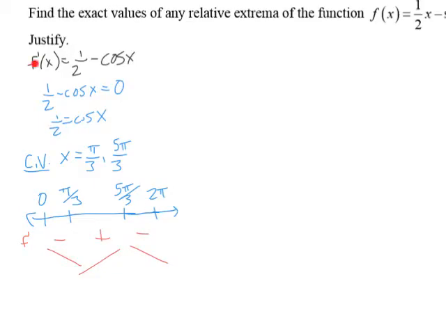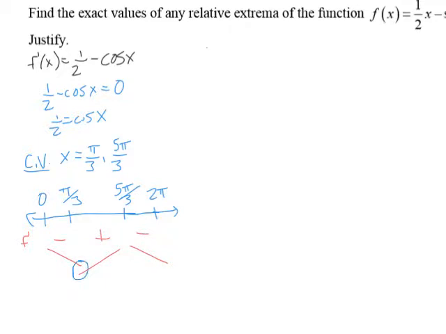All right, so we took the derivative, set the derivative equal to 0, used our left-hand trick to find the critical values, made a number line, and tested f prime to see that we're decreasing, increasing, decreasing. So from this we can see that we should be getting a local minimum.